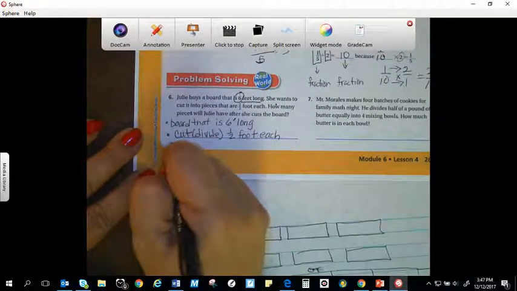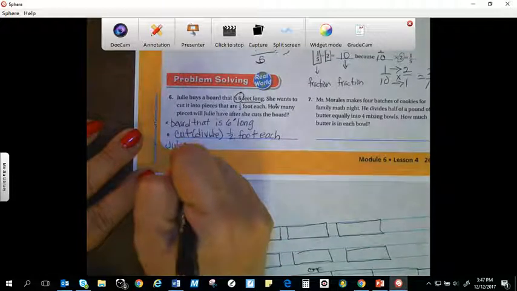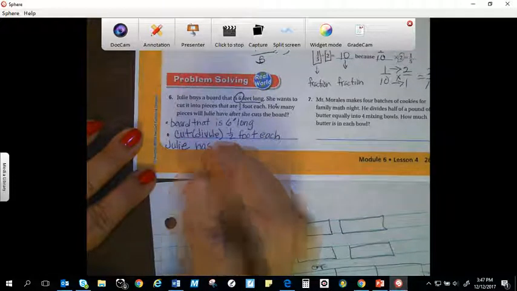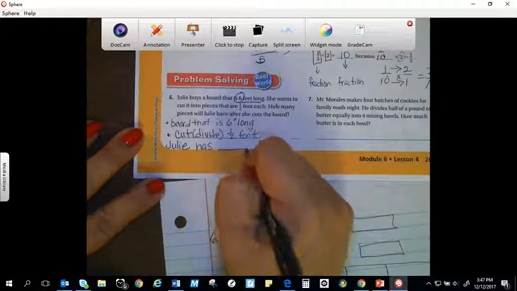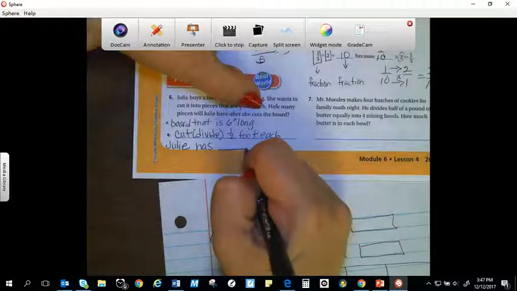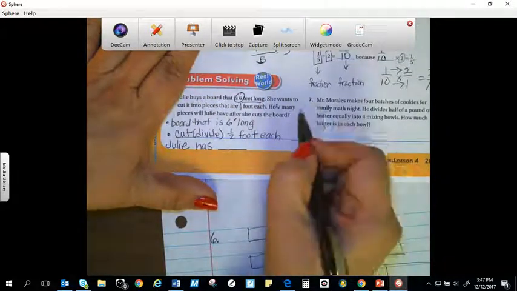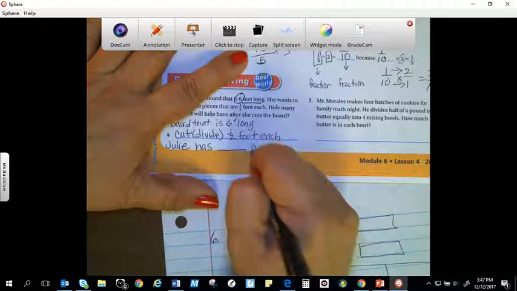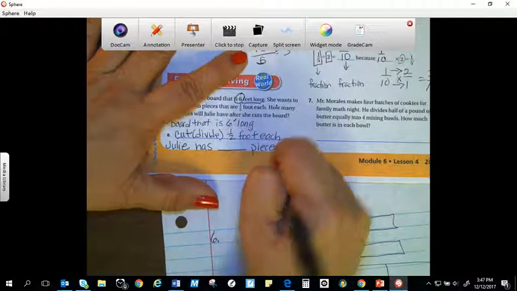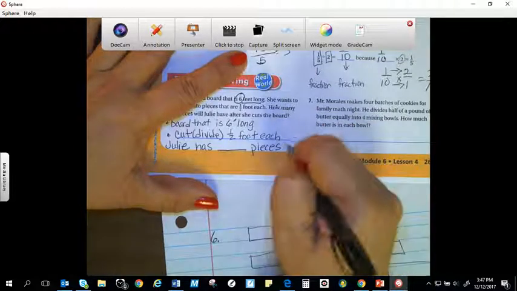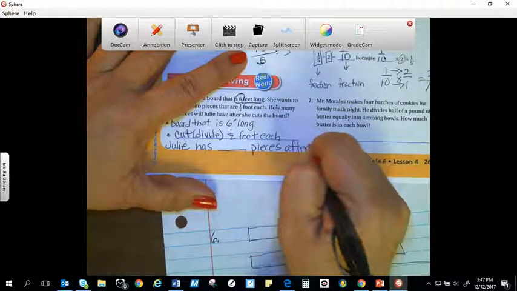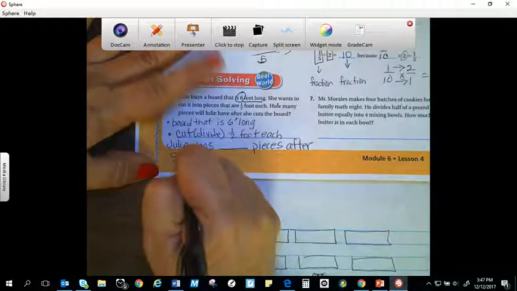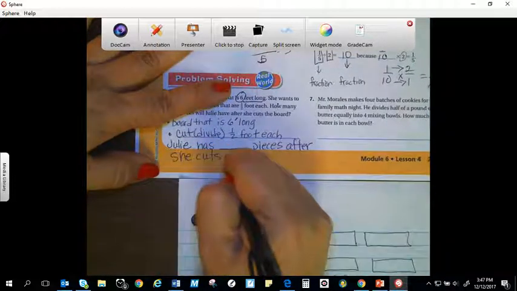So I'm going to make that into a statement where Julie has blank pieces after she cuts the board.